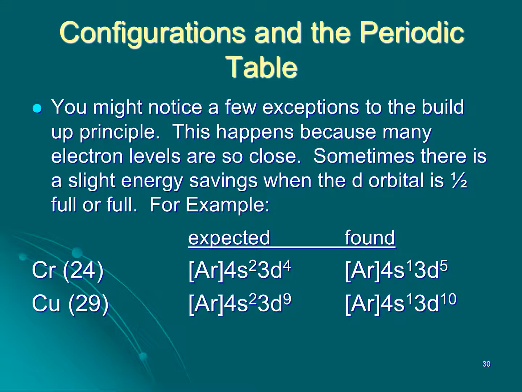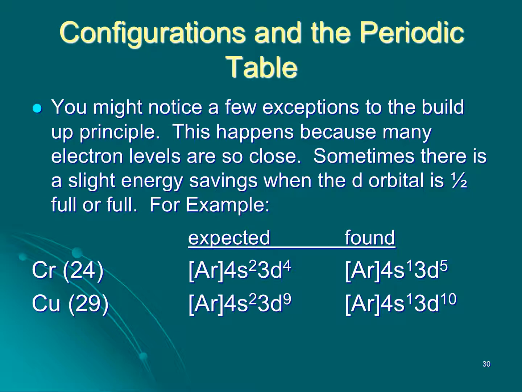All right, so earlier we saw that there might be a few exceptions to the build-up principle, and this happens because there are some other arrangements that are sometimes a little bit lower in energy than the normal expected. So for example, chromium, which has 4s2 3d4, that's what we would expect to write.